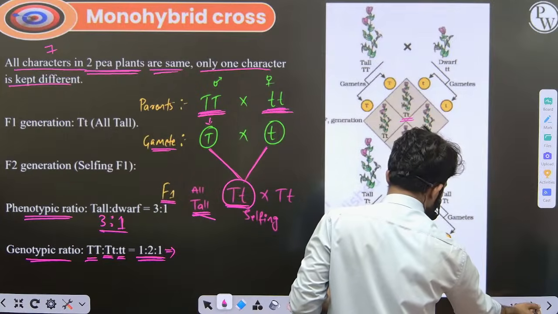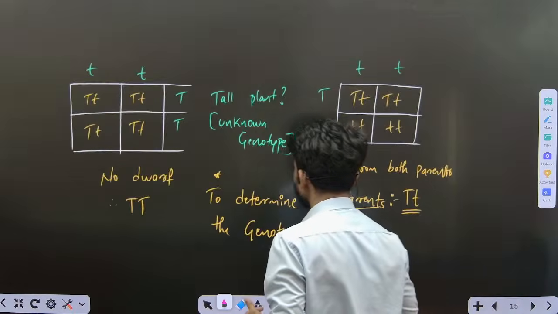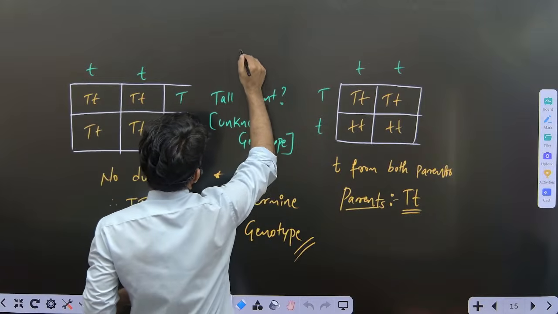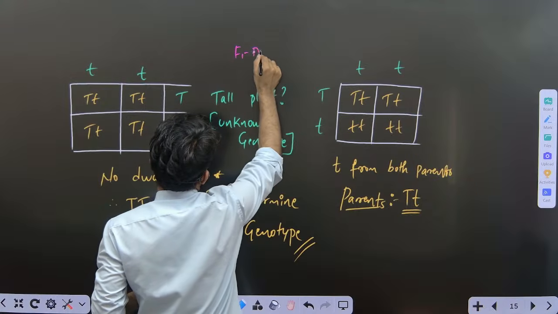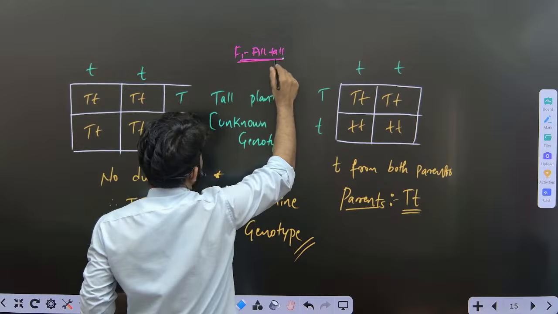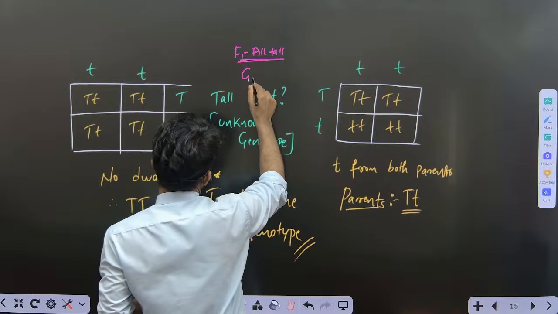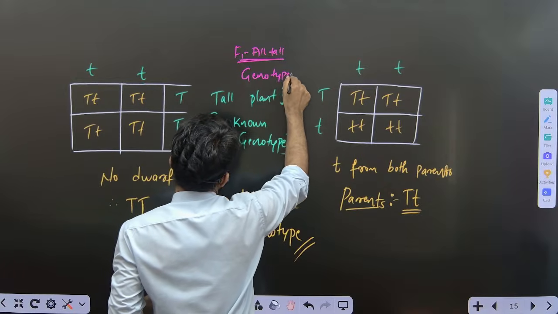So how are we going to test it? In the F1 we got a tall plant. Even though they are all tall, we don't know what the genotype is, because there are two genotypes, right?